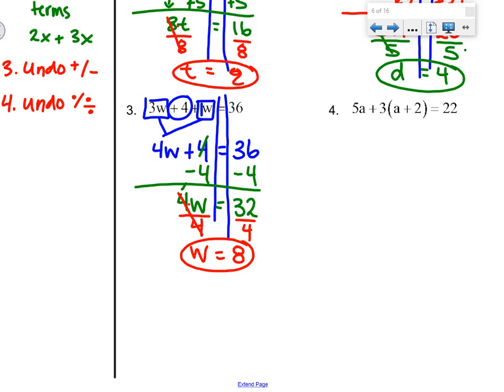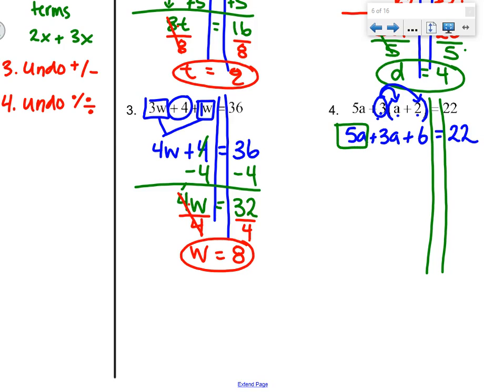Example number 4. Now this time we do have distribution because we have these parentheses, which means we're distributing this 3 to both the a and the 2. So we're going to bring down this 5a. 3 times a is 3a. 3 times 2 is 6, equals 22. Now we can do our combine like terms step.